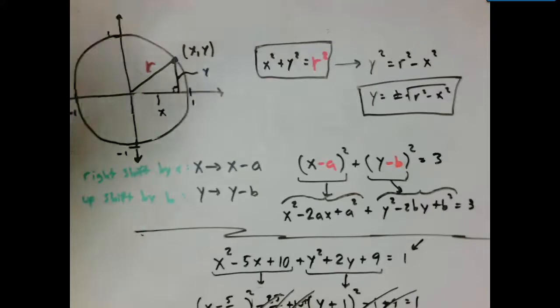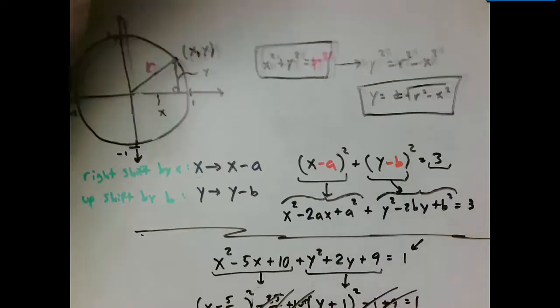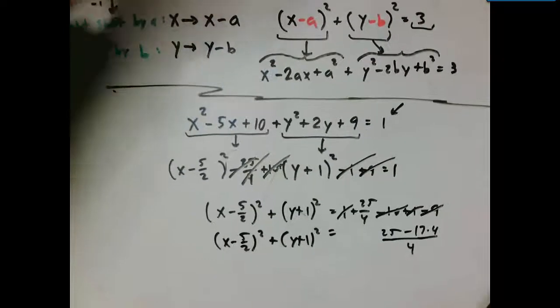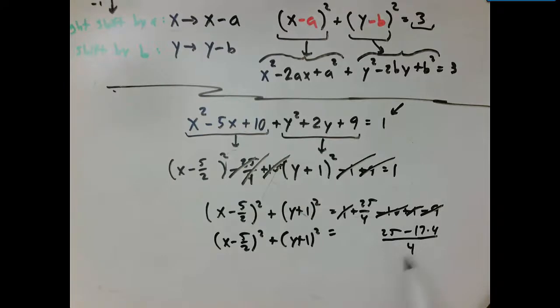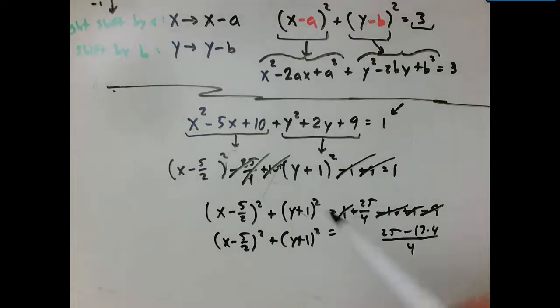But if you remember, the radius squared of the circle is whatever your constant on the right-hand side ends up being when you only have the x squared and y squared terms on the left. So after simplifying, we see that the radius of this circle is not 1, it's actually this. And it's going to end up being a negative number, because I have 25 minus something larger than 25. I just made up these numbers without thinking about it very hard.